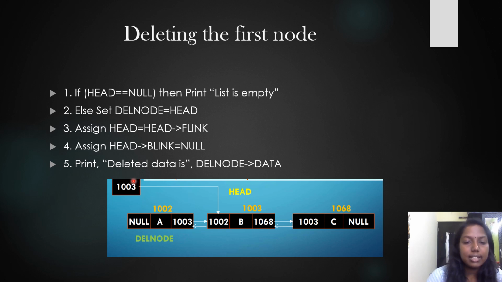Then we assign the head to the head's f link, that is this f link, the head's f link. And then the head's b link is set to be null. So then we just get to print the whole thing. The head's f link is updated to this, and the head's b link is updated to null. And then we just assign this, which helps us to get rid of this node.